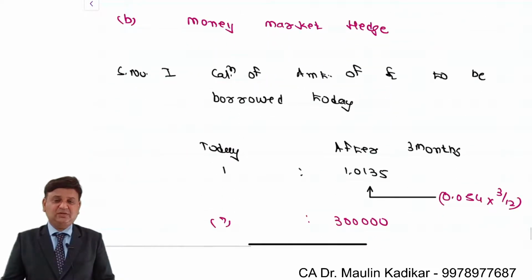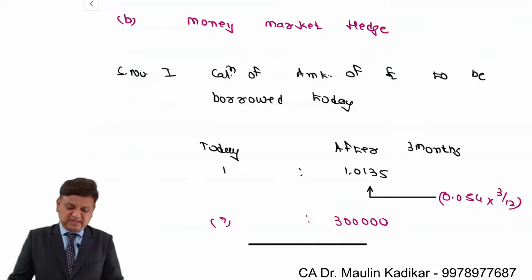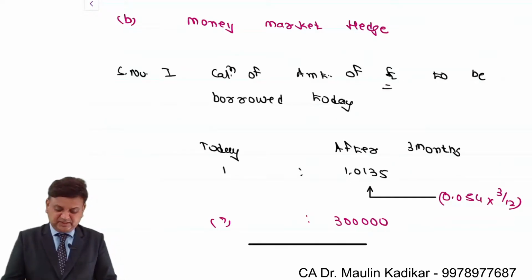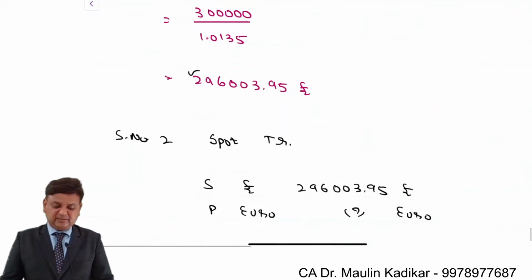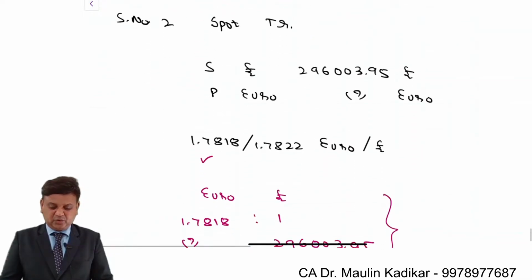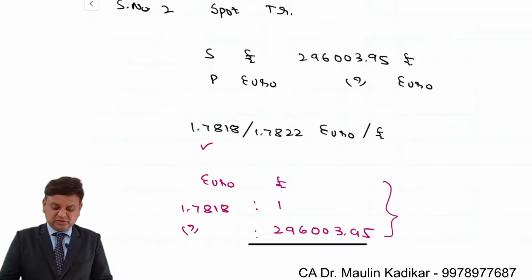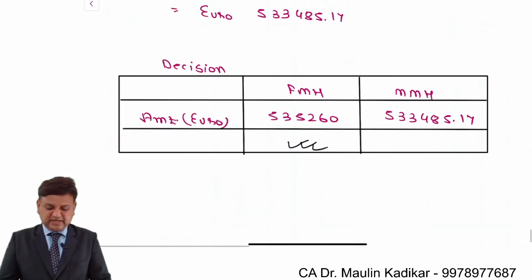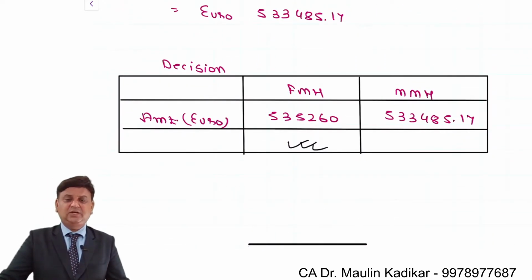Money market hedge, of course, this is quite important. In that, first of all, you borrow in the foreign currency, that is in pound currency, the present value of the amount to be received, 2,96,000 something. You convert that pound into euro, that is your domestic currency. Then you make investment, and lastly, you make a comparison for the purpose of decision.